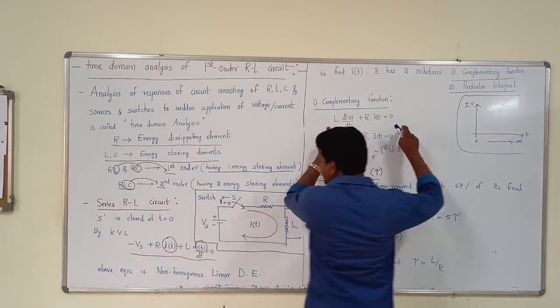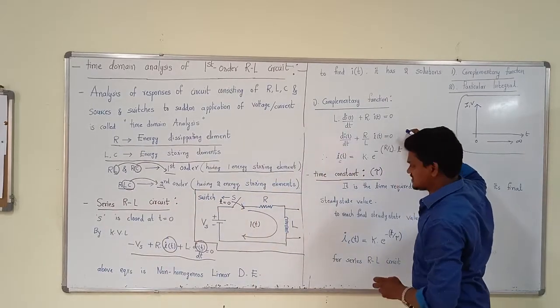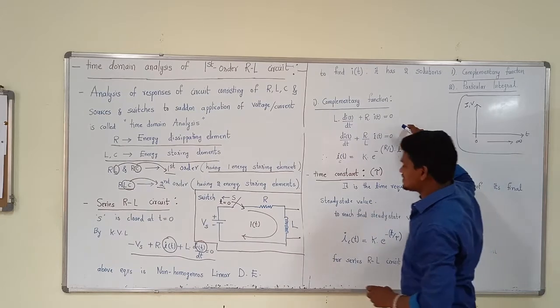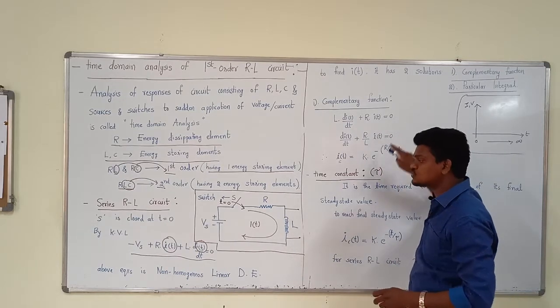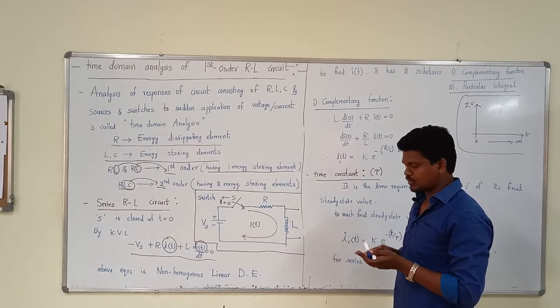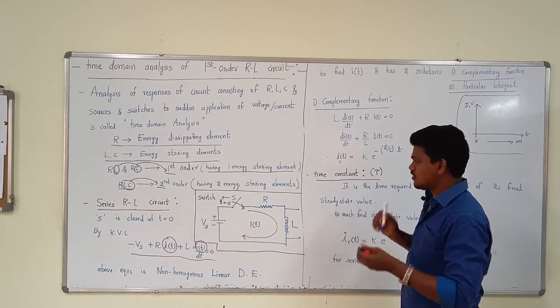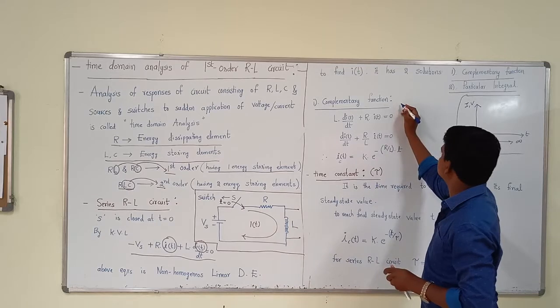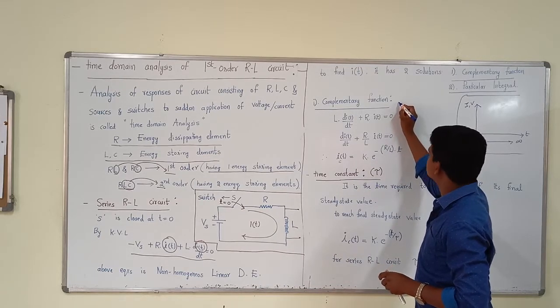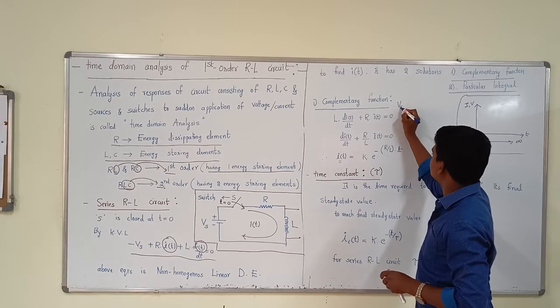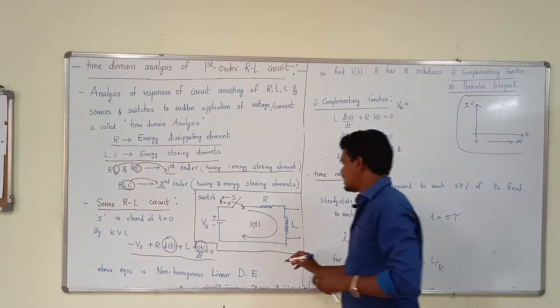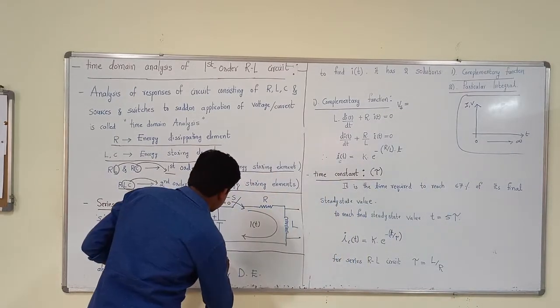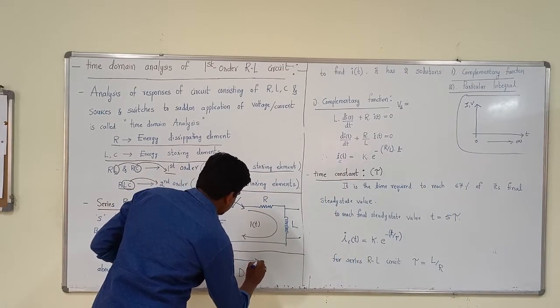In order to find the complementary function, simply we have to remove the source. From the earlier equation we can write the modified equation, assume it is the first equation.